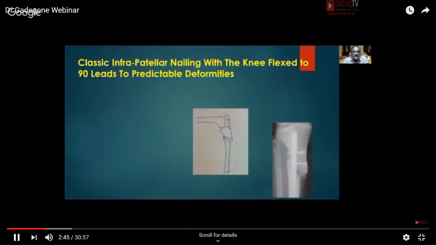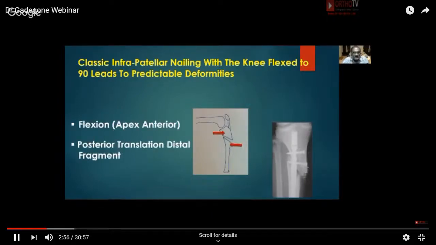Classical infrapatellar nailing with the knee flexed to 90 degrees leads to predictable deformities: flexion or apex anterior angulation, posterior translation of the distal fragment, and valgus deformity.